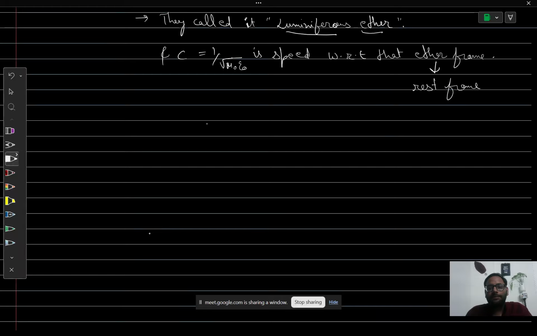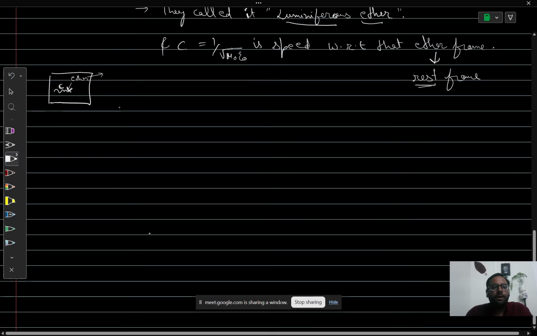Maybe it is dynamical with something else, but they considered that the speed of light with respect to this ether is c, no matter whether the ether is dynamical or not. With respect to this ether, the propagation of electromagnetic waves has a constant speed, that is c.